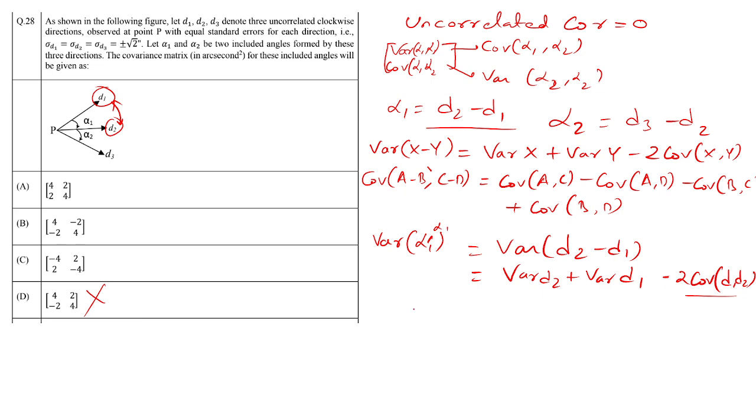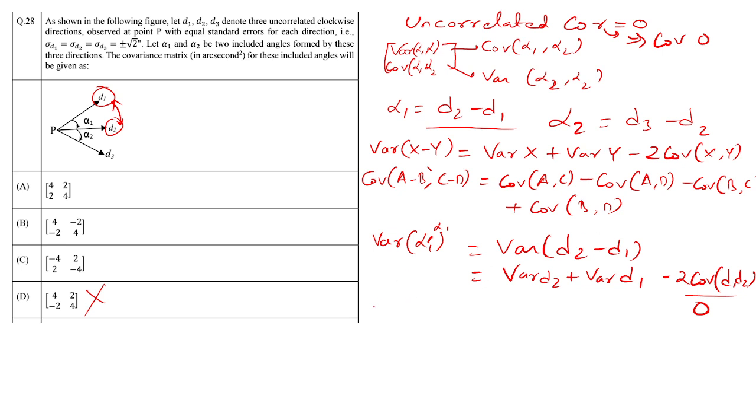We already know the correlation between d1, d2, d3 is 0, so correlation being 0 also implies covariance will be 0, so this part will be 0.